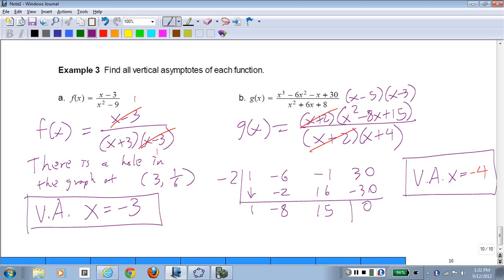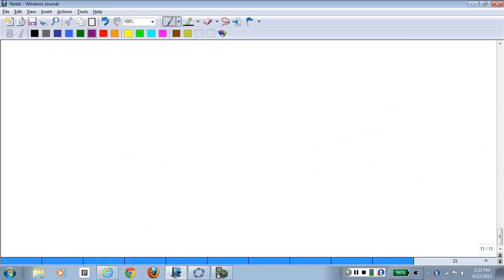That guarantees that we have a vertical asymptote. But what if we don't have that situation? Does it mean that we don't have a vertical asymptote?